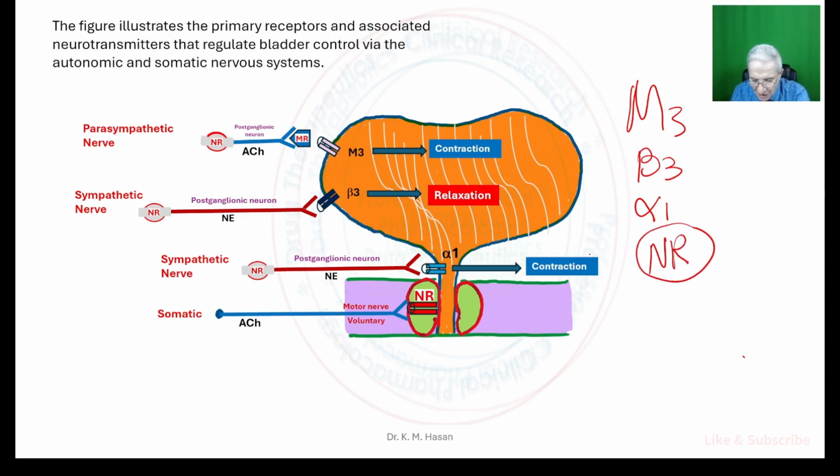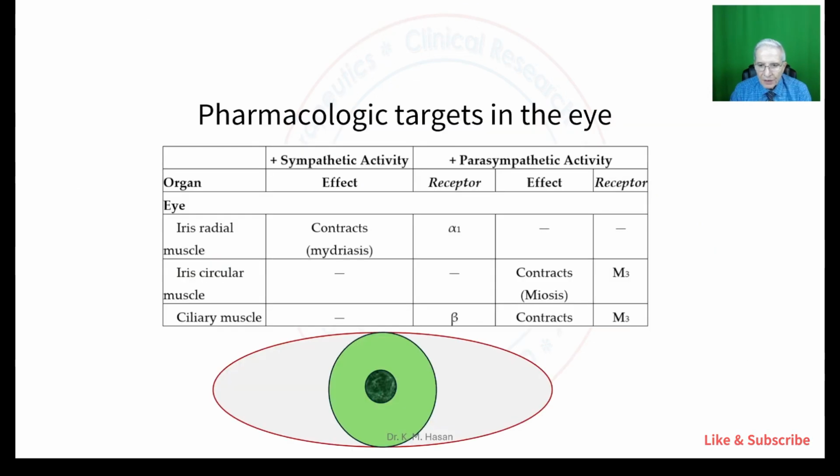The nicotinic receptor belongs to the voluntary somatic neurons. The other three belong to the autonomic nervous system: the M3 receptor, the B3 or beta 3 receptor, and the alpha-1 receptor. We need to remember this receptor distribution in the bladder when we talk about overactive bladder, or about benign prostatic hyperplasia, for example.